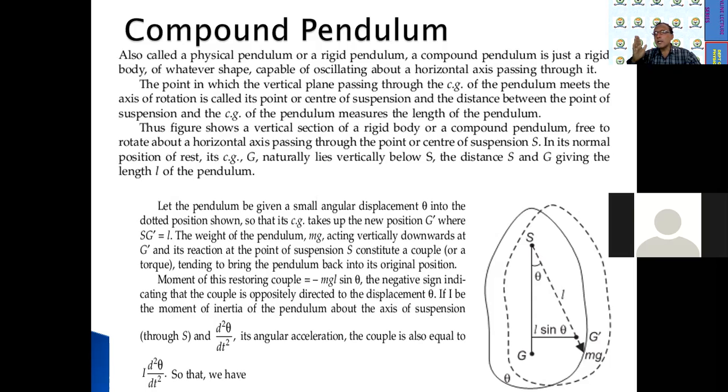Now, to overcome the drawbacks of the simple pendulum in determining the value of g, that is acceleration due to gravity, another type of pendulum is used, and that pendulum is called the compound pendulum. The compound pendulum is also called a physical pendulum, or sometimes a rigid pendulum.